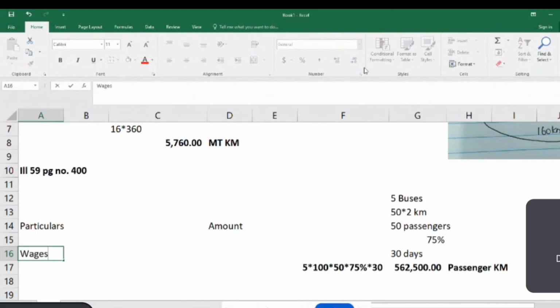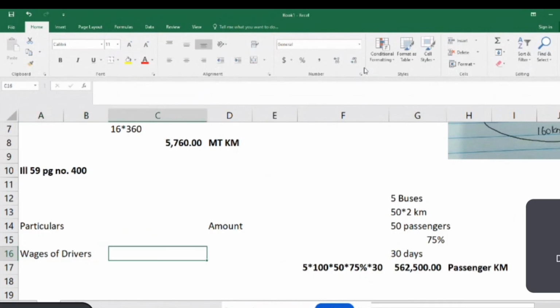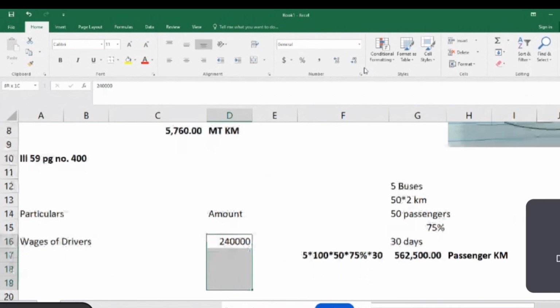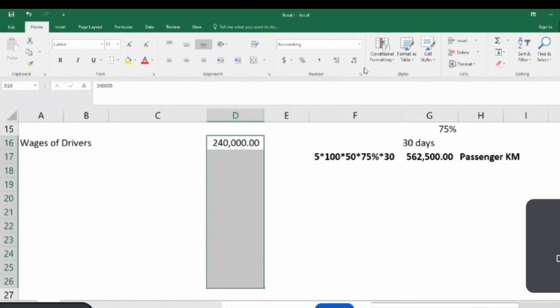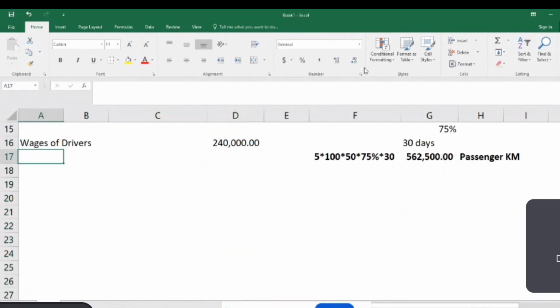We'll write whatever expenses they have given. We will just write all that. Wages of drivers is 2,40,000. And salaries, they have given 1 lakh.